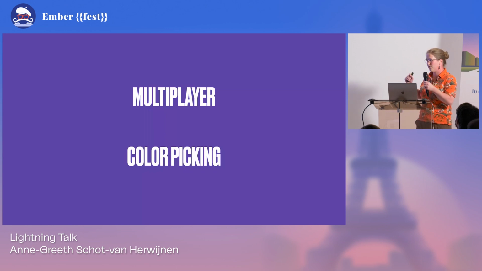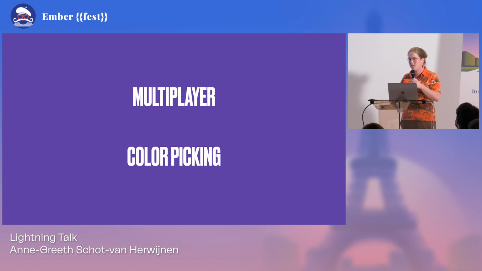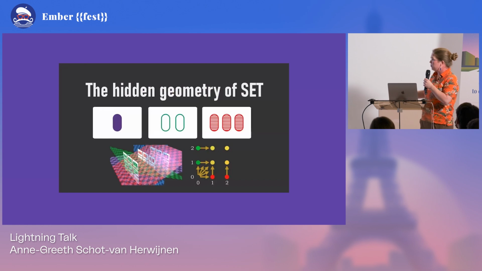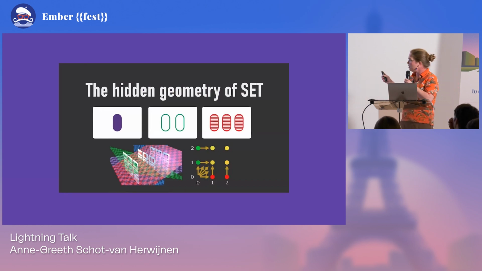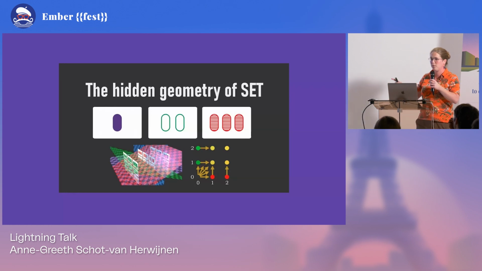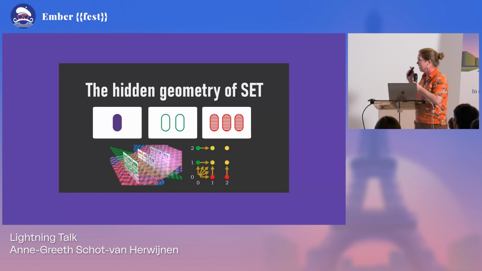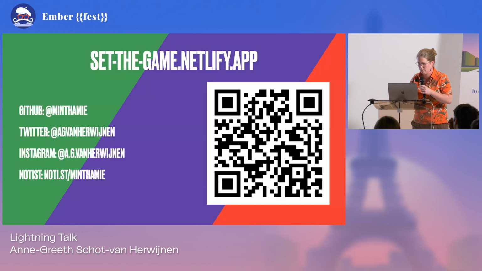So if you can't see the difference between red and green, but you can see the difference between other 3 colors, since they're SVGs, we should quite easily be able to generate them like that and then use your own colors. If you're really into math, there's this YouTube video about the hidden geometry, about the minimum amount of cards you need for it to actually contain a set. It's super interesting. We're not going to do it right now.